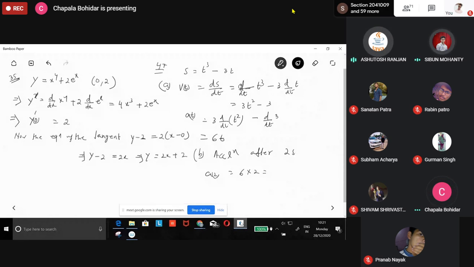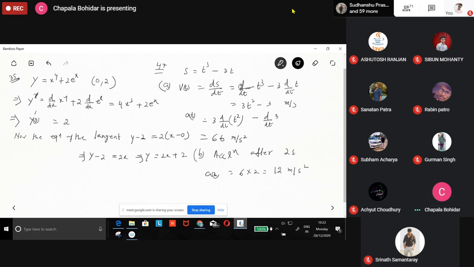Meter per second square. So what you write down here is 12 meters per second square at 2 seconds. Okay? All of it clear? I am asking you.